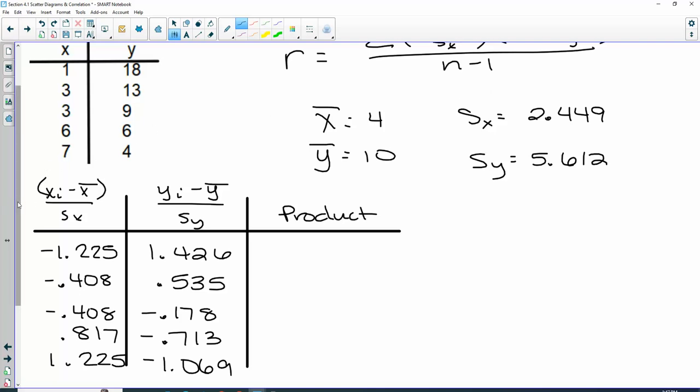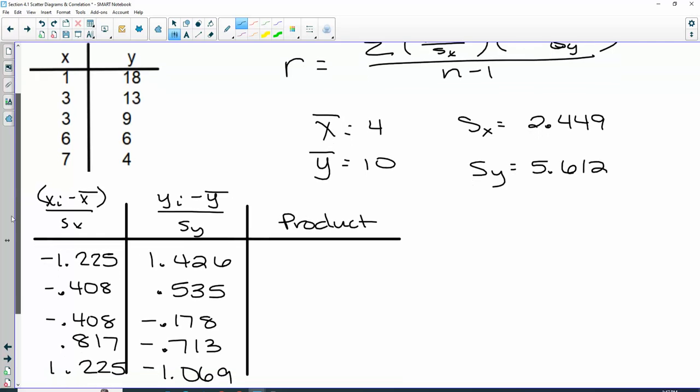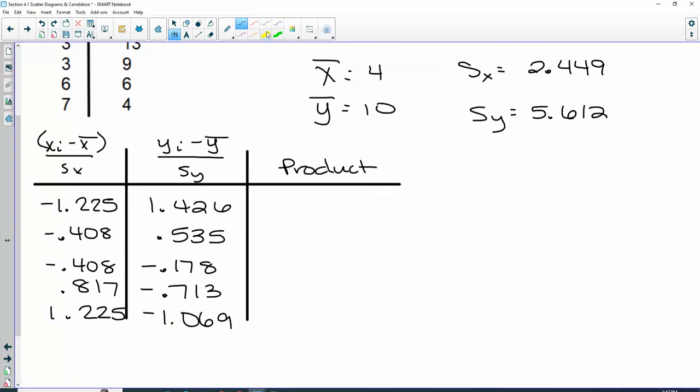Once I have all those, what do we have to do? Multiply each row. So I'm just multiplying straight across here.